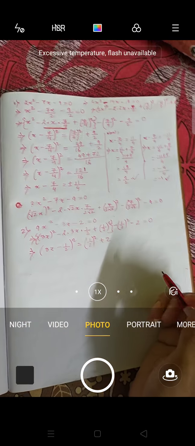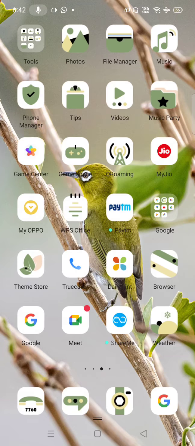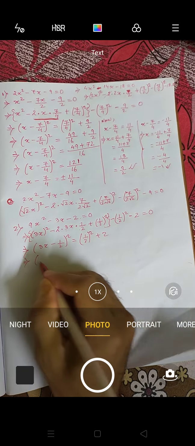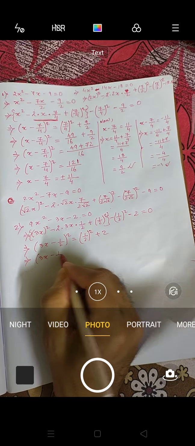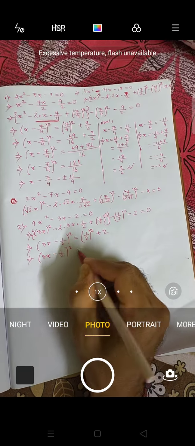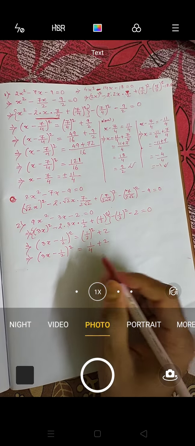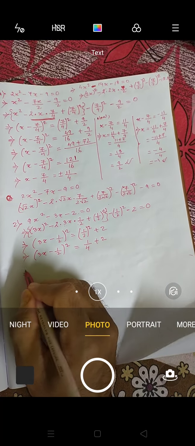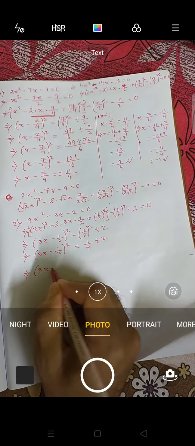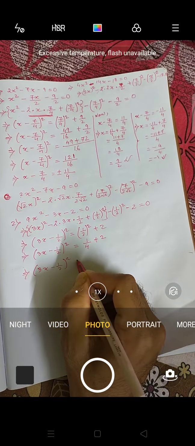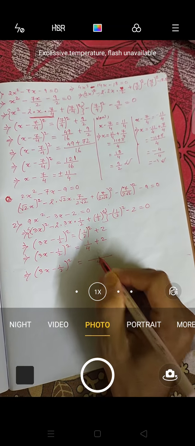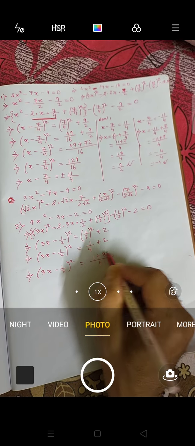Now I will take this one as 3x minus 1 by 2 whole square equals 1 by 4 plus 2. Now we will solve this one. 3x minus 1 by 2 whole square equals, 4 is the LCM, 1 plus 8.